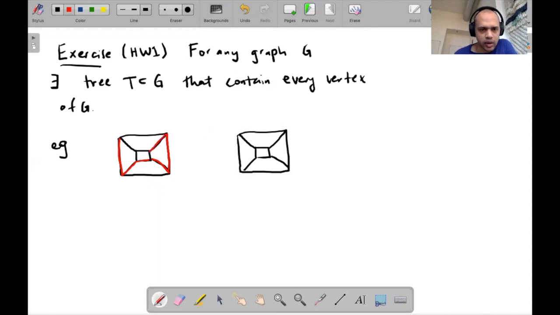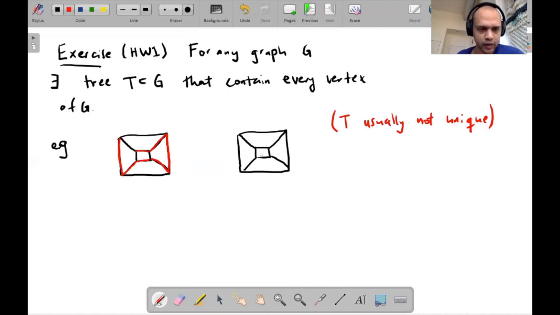Let's see. So that works. And a remark is that T is usually not unique, which is why I have the second copy here. A given graph might have many possible T's with this property.